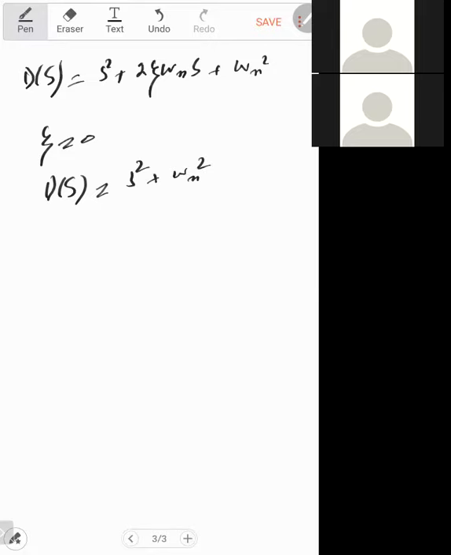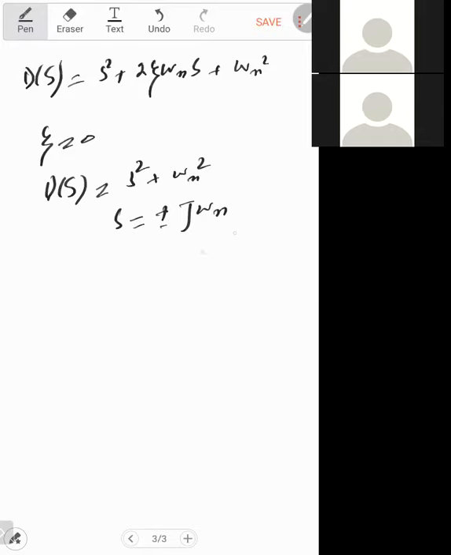If you find the roots, then you will see that you will have two poles. s will become equal to plus minus j omega n. So s at plus j omega n and s at minus j omega n will give the poles.